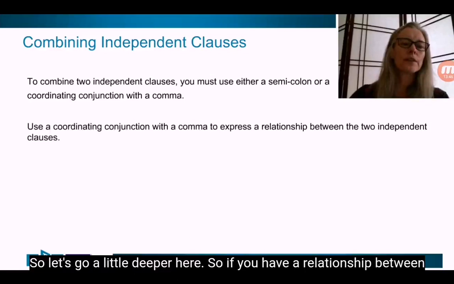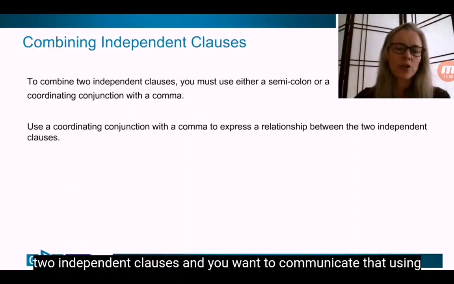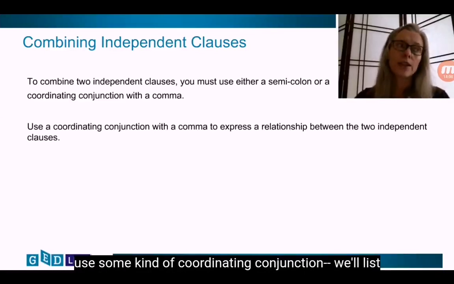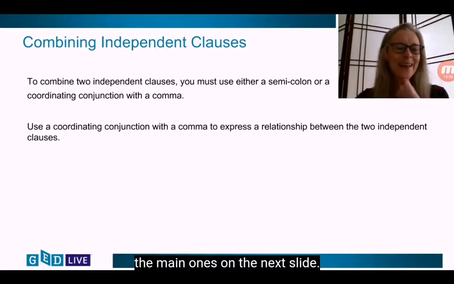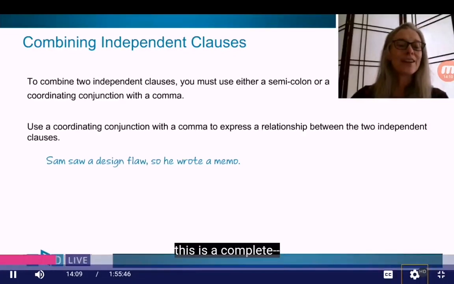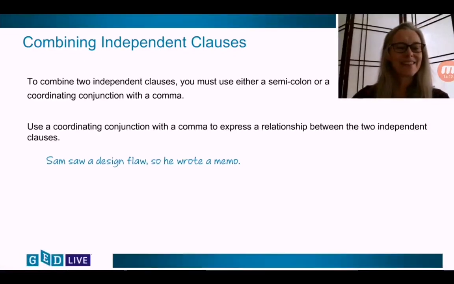So let's go a little deeper here. If you have a relationship between two independent clauses and you want to communicate that using a specific word that speaks to that relationship, then you're going to use some kind of coordinating conjunction. We'll list the main ones on the next slide. So, Sam saw a design flaw. This is an independent clause.